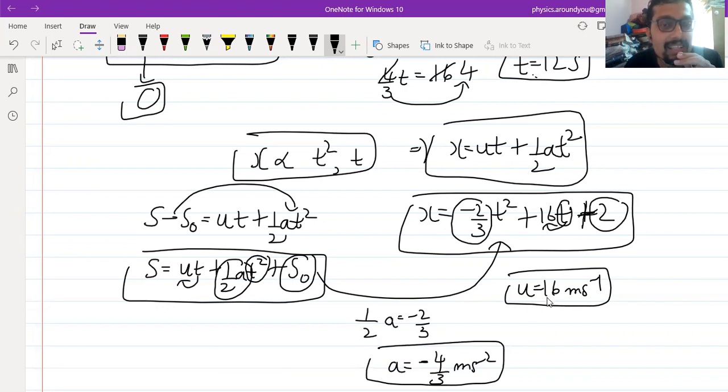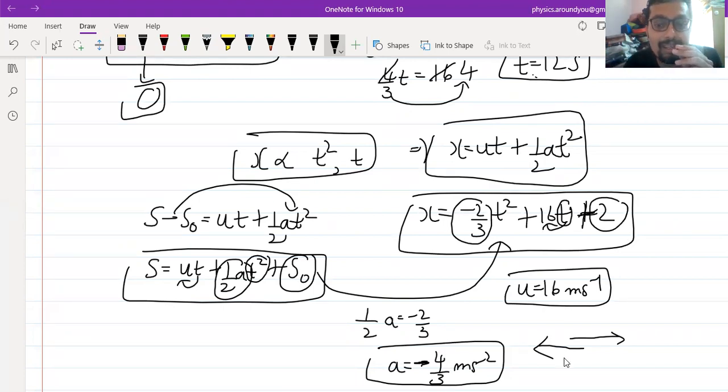Well, initially it started to move towards right, but it has applied brakes because acceleration is towards left. You got it? Why should acceleration be towards left? Minus 4 by 3. So this negative sign indicates that acceleration is towards left.